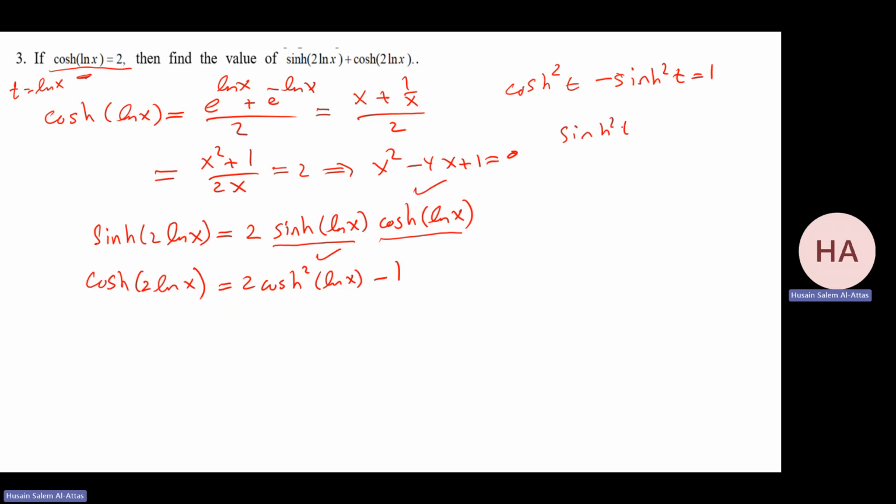And sinh squared will be cosh squared of t minus 1. So now sinh squared of ln x will be cosh squared of ln x minus 1, which is 4 minus 1, that will be 3.